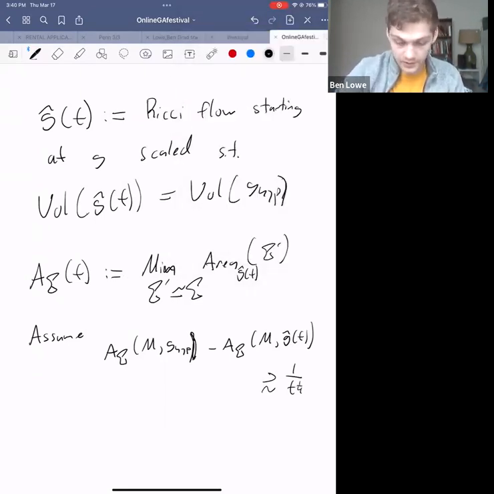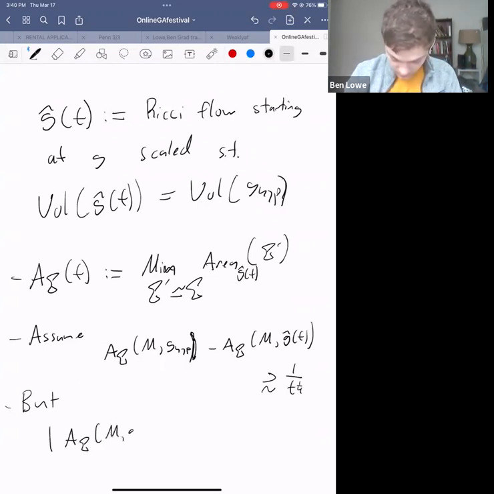But on the other hand, the area of the totally geodesic surface in the hyperbolic metric, subtract this, we end up having the following inequality.